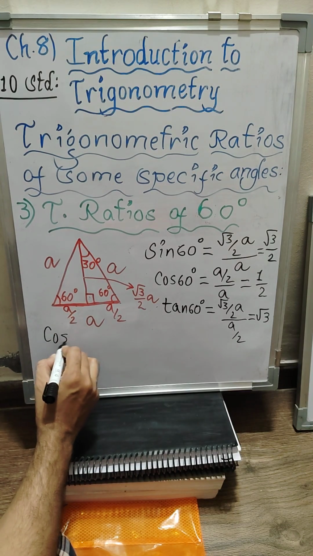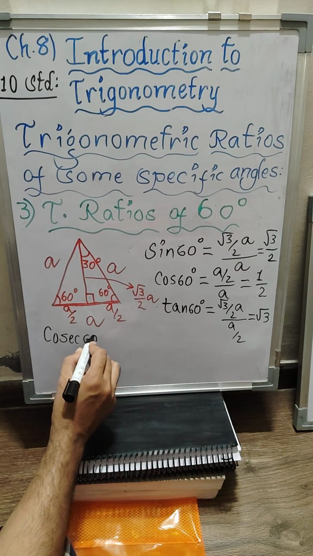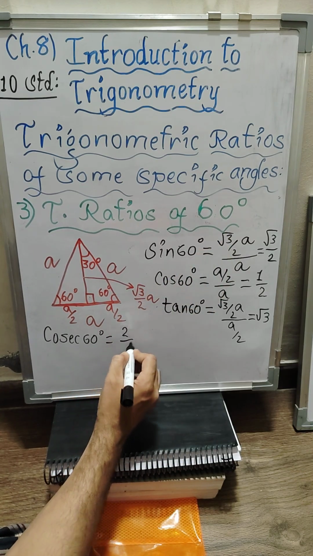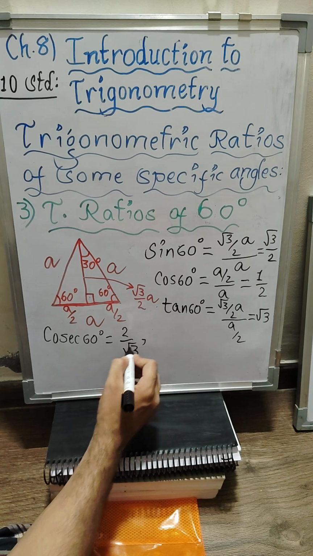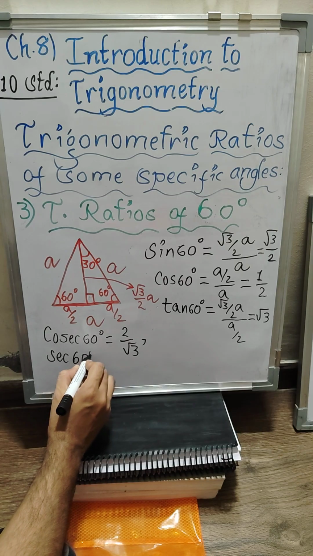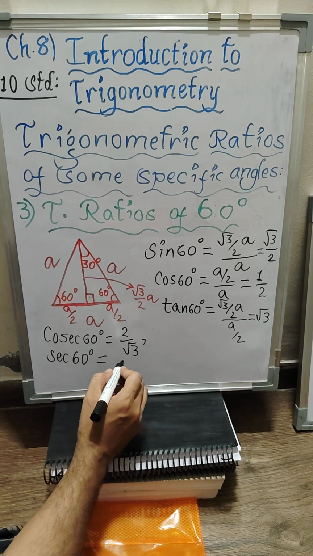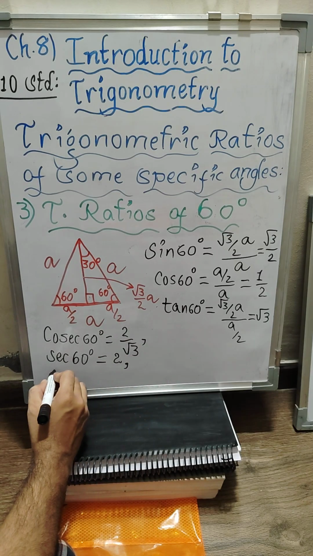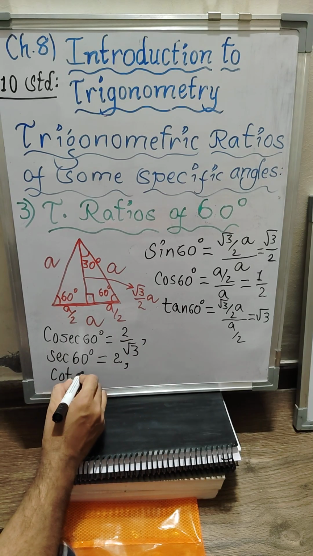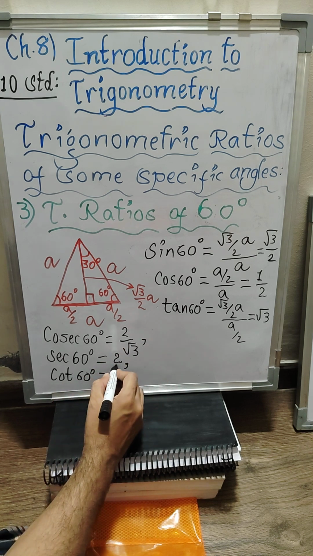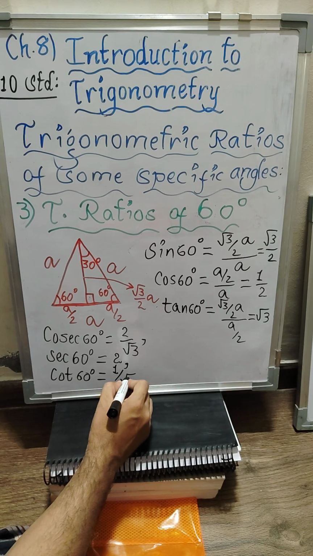The cosecant 60, which is a reciprocal of sine 60, is 2 by root 3, and secant 60, which is a reciprocal of cos 60, is 2, and cot 60, which is a reciprocal of tan 60, is 1 by root 3.